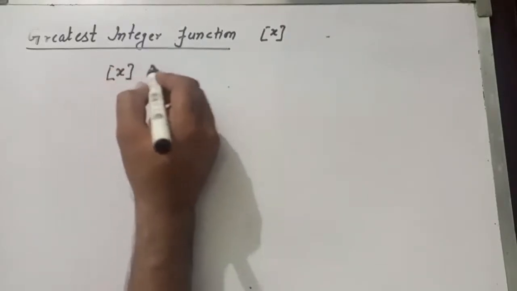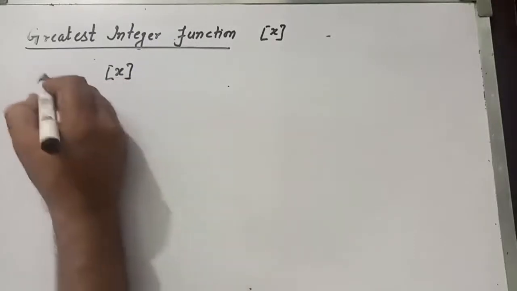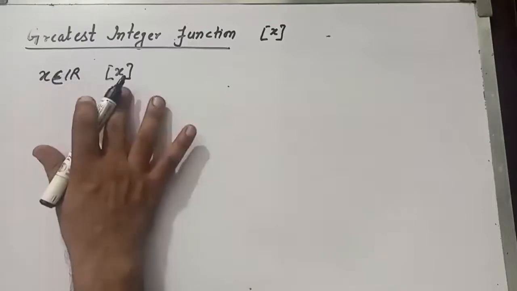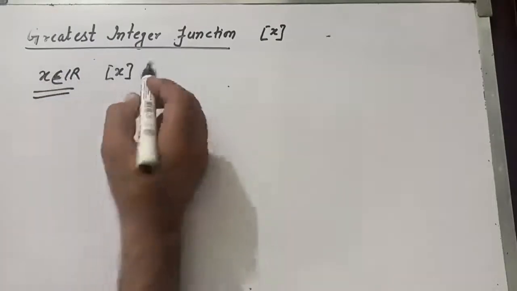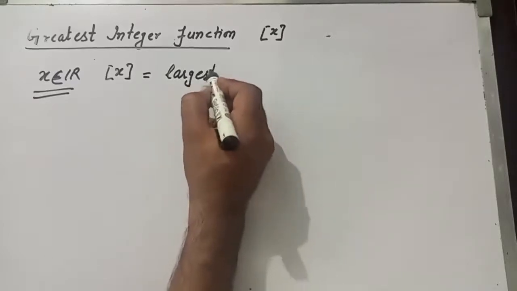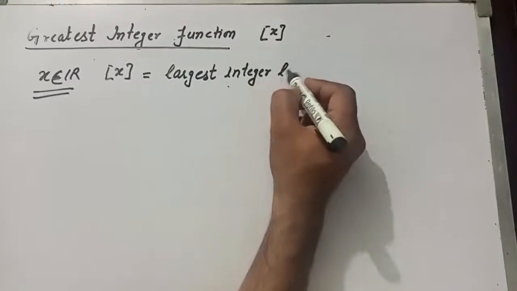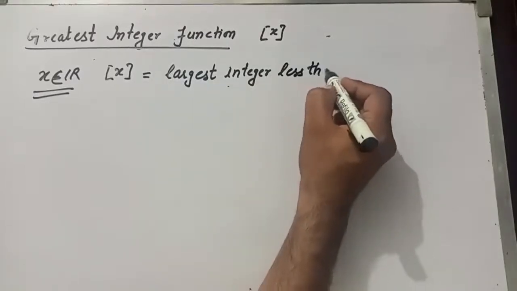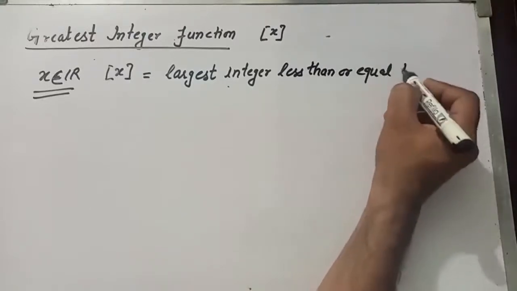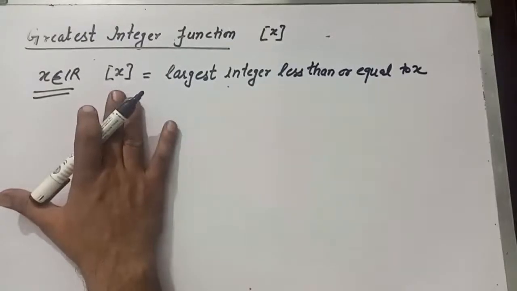The greatest integer function of a real number x belonging to R means you can find the greatest integer for every real number. It is the largest integer less than or equal to x. So this is the simplest definition of the greatest integer function.